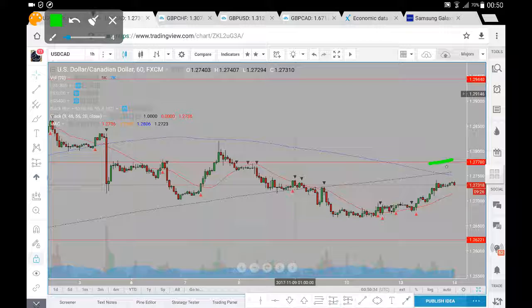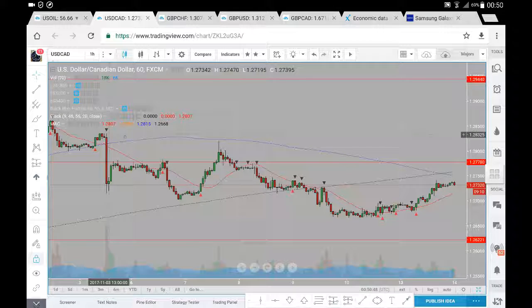Now if we do break above, consolidate, and then we start to have some bullish momentum, possibly we'll be looking at this news related candle just here. Let's just get this on there correct. So we've got this news related candle just there in around 128.30.